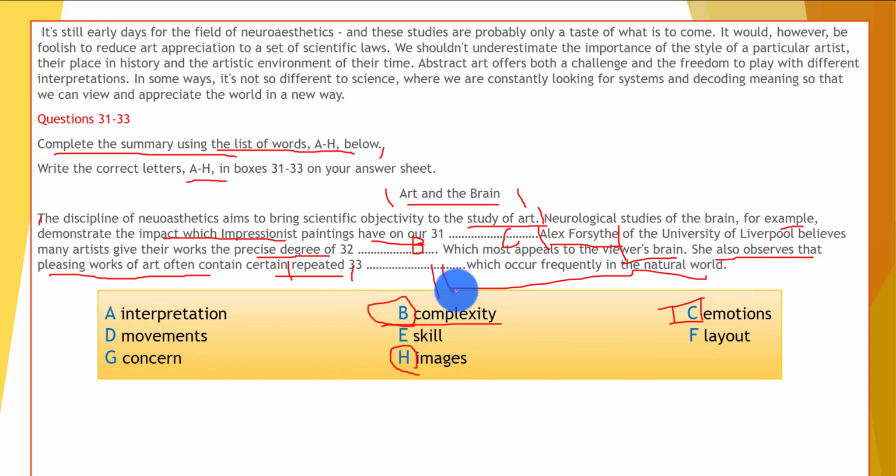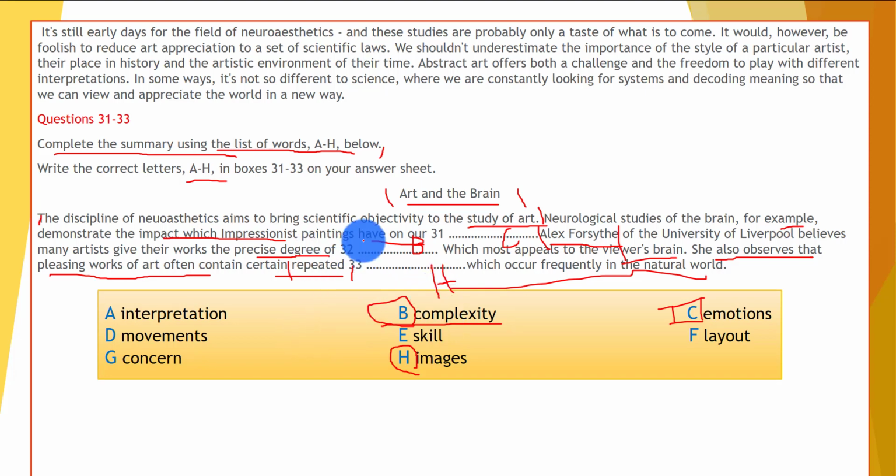Our answer is H. Scale has nothing to do with mountain peaks or movements, interpretation, concern, or layout. Questions 32 and 33 were challenging questions, but if your general English is good, you can paraphrase and understand the concept of a question. Okay, we answered this question as well.